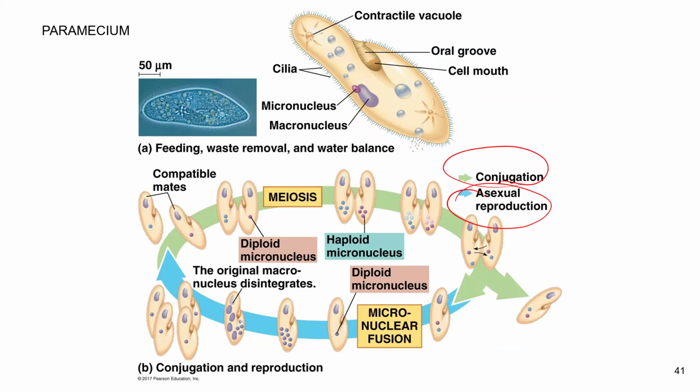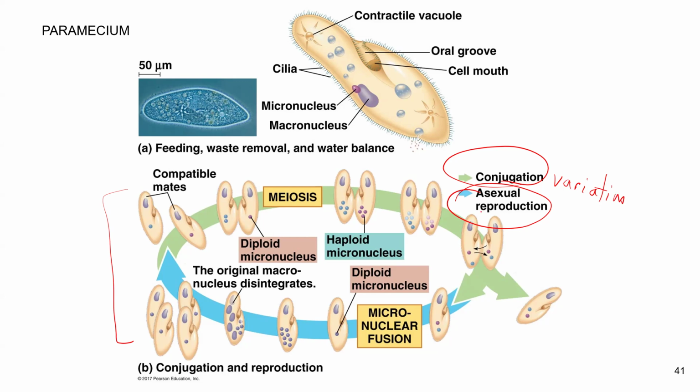We didn't necessarily require you to know this life cycle in detail, but it's good to understand that they can use conjugation to swap their genetic material. So this is where we get variation. And they have asexual reproduction.